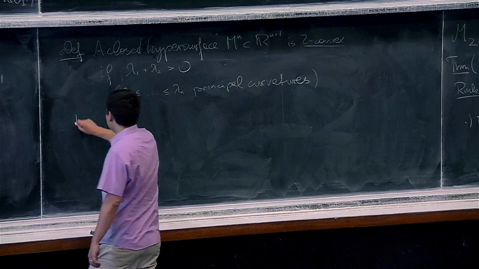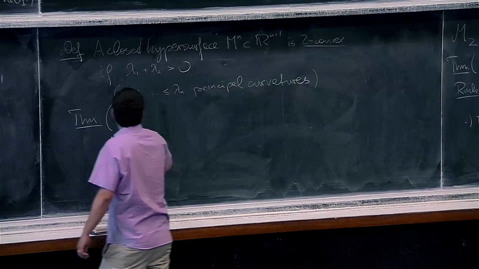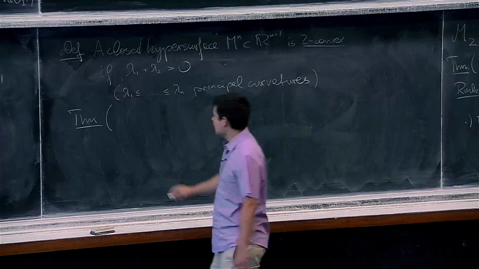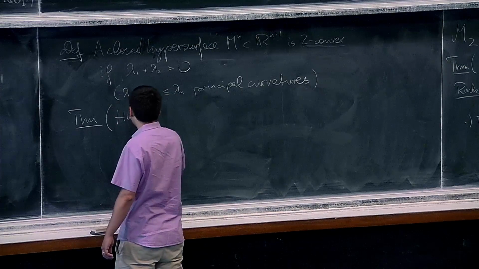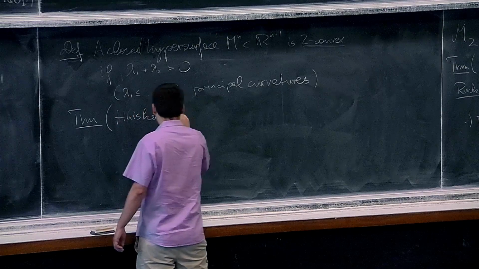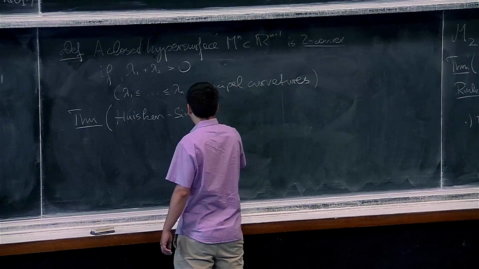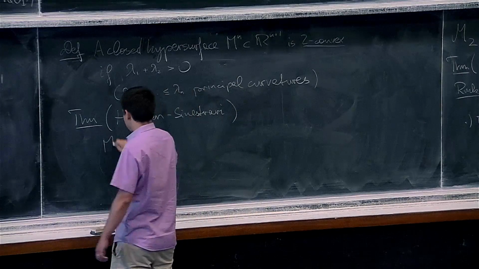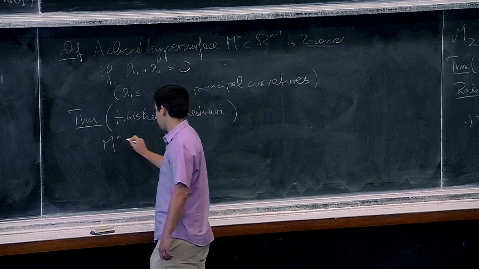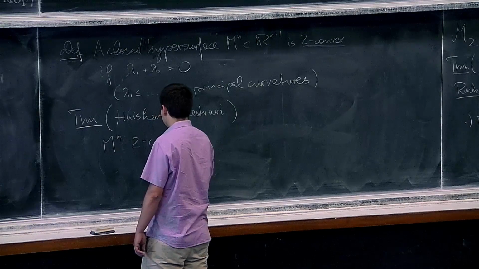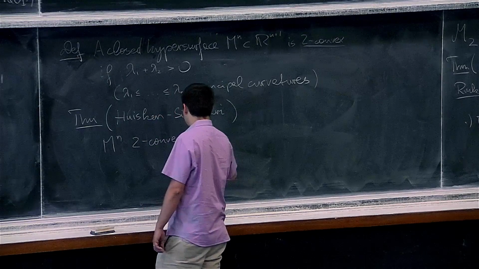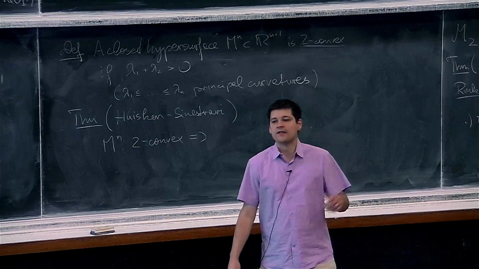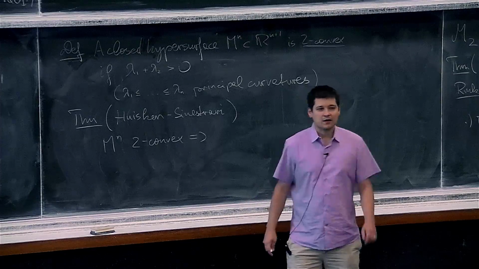And that's a useful curvature condition. One reason is that there's a classification result due to Huisken and Sinestrari, which tells you that if you have a closed hypersurface that is two-convex, then it's diffeomorphic to either the sphere or the torus R^(n-1) times S1, or a connected sum of those.